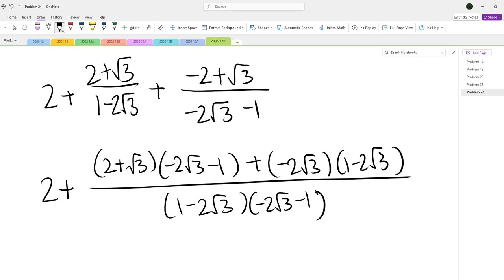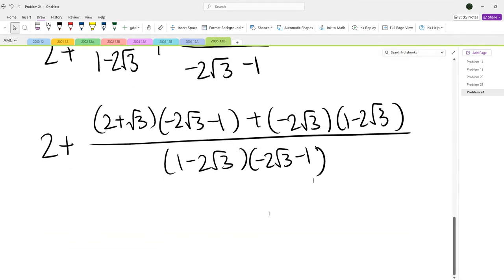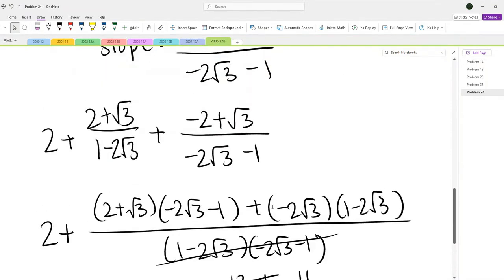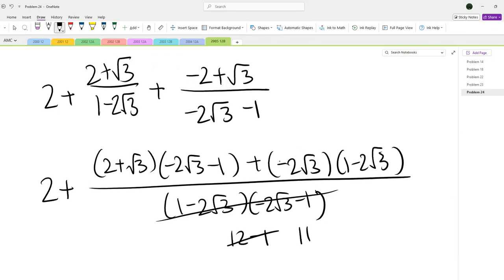And the denominator is essentially difference of squares, so it's equal to 12 minus 1, so 11. And then the numerator would be, sorry, I missed something here. Sorry, this should be negative 2 plus root 3.